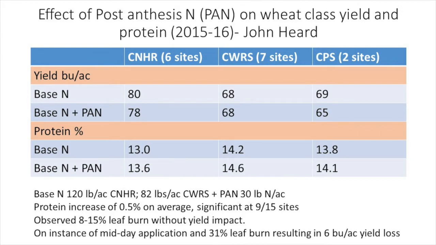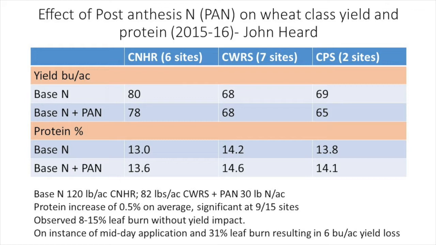He worked with 15 producers across a variety of different classes of wheat. And the base rate of nitrogen for the CNHR wheat varieties was 120 pounds per acre, and 82 pounds of actual nitrogen per acre were applied for the CWRS varieties. To all these nitrogen rates, 30 pounds of nitrogen was applied as UAN post-anthesis.